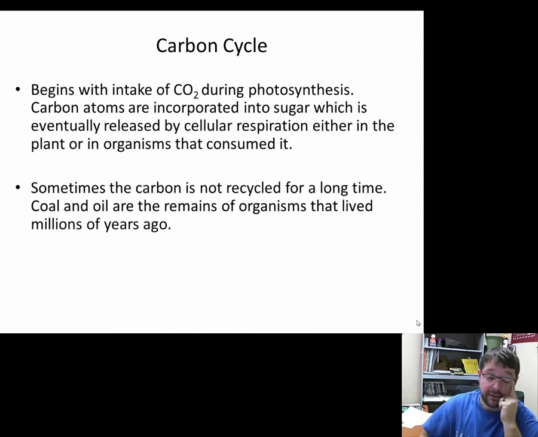Now, often in our environment, and often in the world today, that carbon dioxide was trapped as carbon molecules and carbohydrates in plant tissues for millions of years. Actually, hundreds of millions of years.